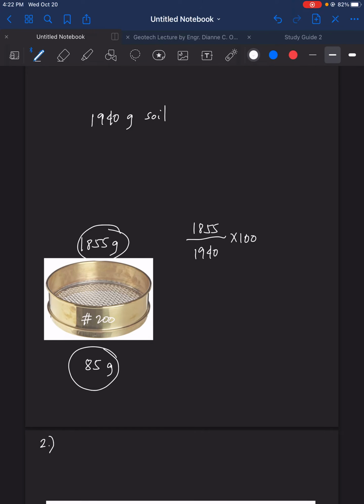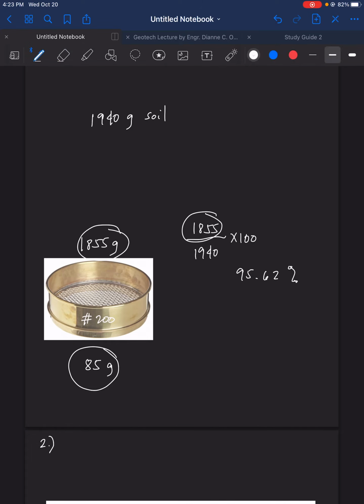that is 95.62%, because this is what is retained. If it is asking for the percent finer, meaning this is what we are concentrating on here.